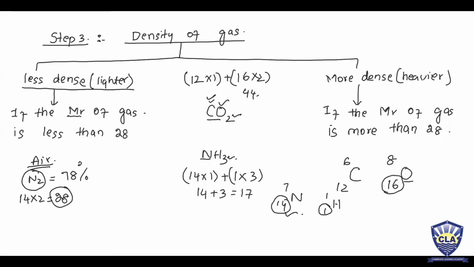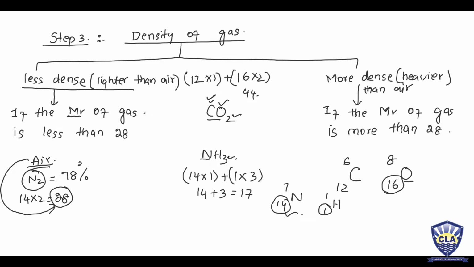So the MR of air is considered to be almost 28. If any gas has MR less than 28, it is lighter than air. The word lighter means lighter than air. Denser means denser than air. So we are going to compare with respect to air. So lighter or less dense means lighter than air.